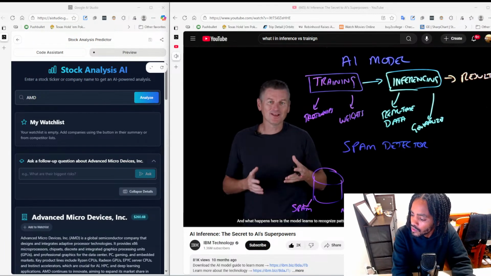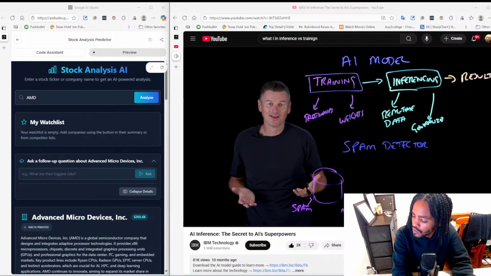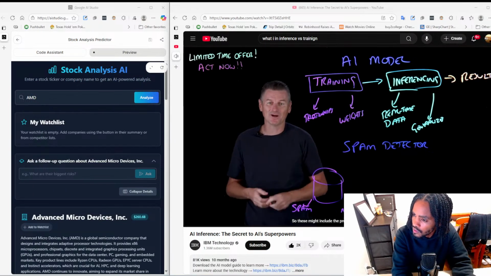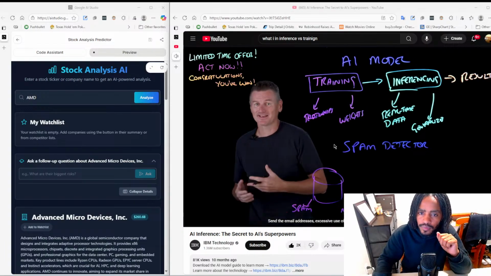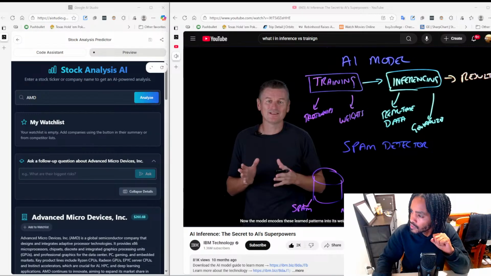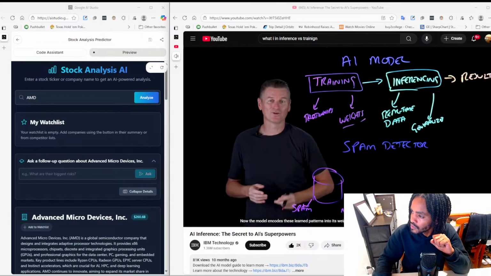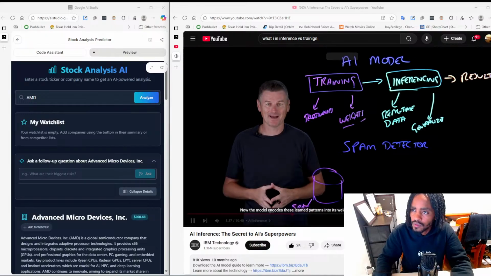And what happens here is the model learns to recognize patterns and features commonly associated with spam emails. So these might include the presence of certain keywords. Yeah, those ones. So unusual sender email addresses, excessive use of exclamation marks, all that sort of thing. Now, the model encodes these learned patterns into its weights here, creating a complex set of rules to identify spam.